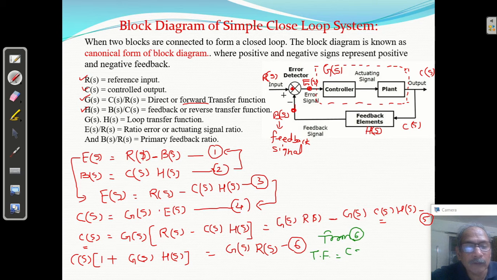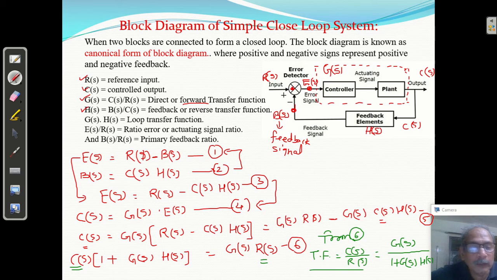Output is C of S, input is R of S, in the S domain. C of S upon R of S. R of S goes there, so what remains here is G of S upon, this term will come here, upon what? 1 plus G of S H of S.